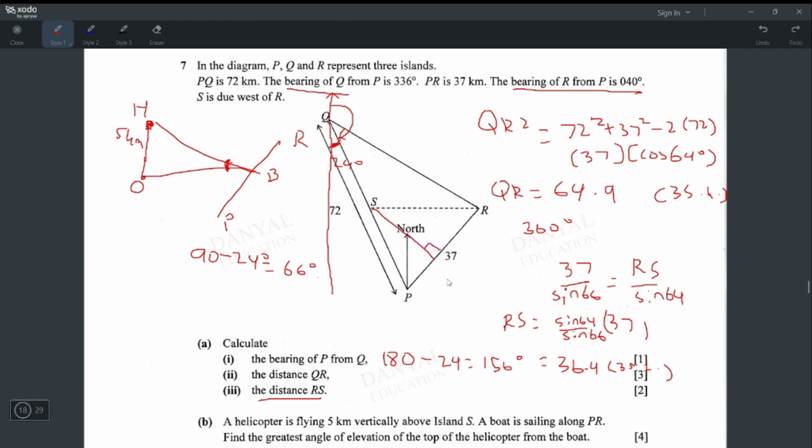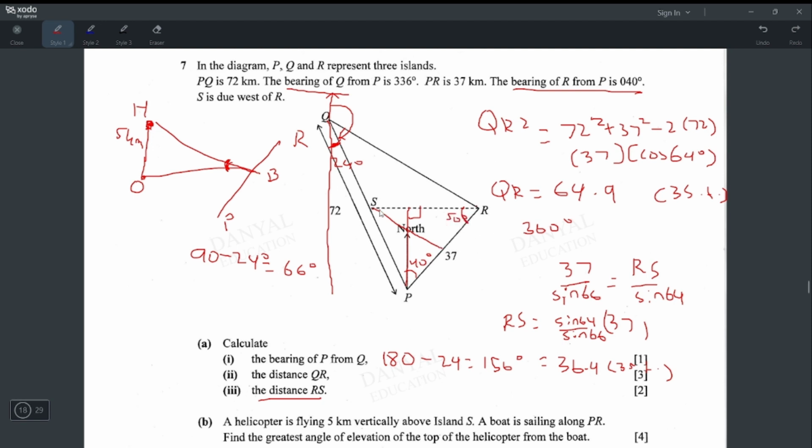And how do we do this exactly? We can just find this angle first. Firstly, I'm going to note down that this is 40 degrees. And if this is perpendicular, then this would definitely be 50 degrees.